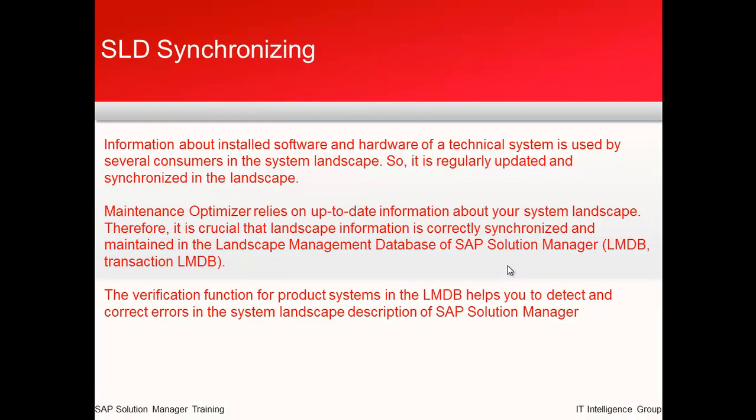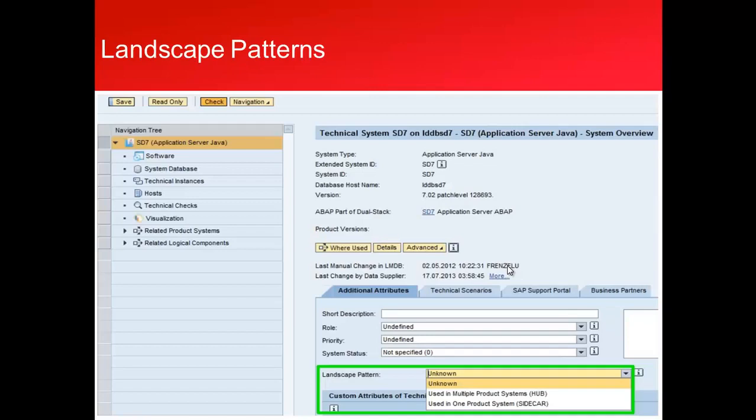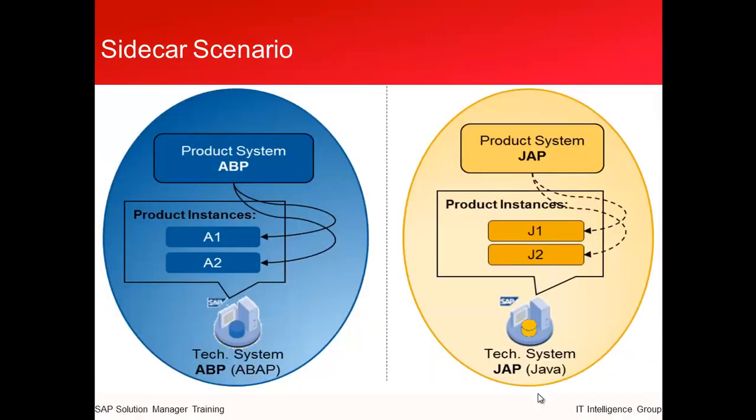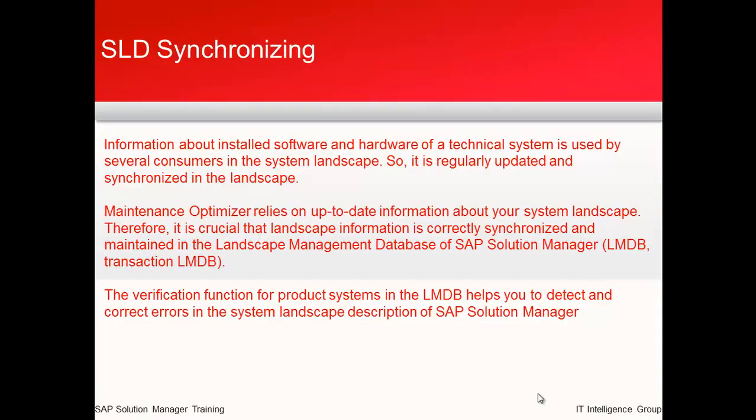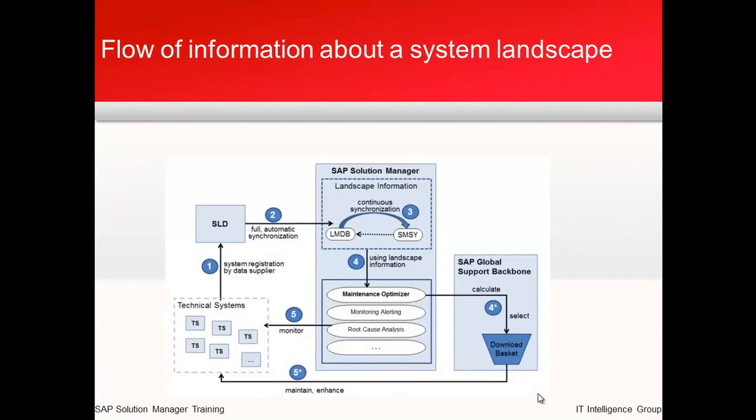We have seen how the synchronization works and how we can define a product system. For the landscape pattern, we have seen there are two types, hub type and sidecar type. If there are multiple product systems involved, we define them as a hub system. Then we have seen how the information flows in a system landscape.